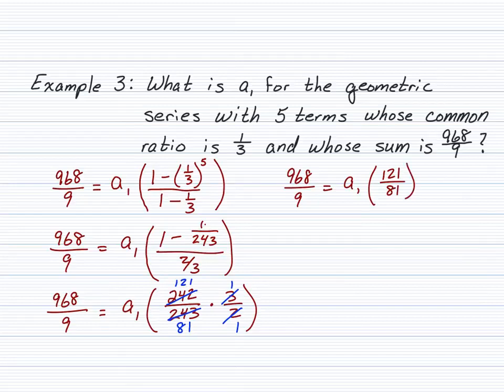And we can multiply by the reciprocal, 81 over 121, to solve this. So multiplying by 81 over 121, that's going to give us a sub 1 is equal to 72 when you reduce everything here. And those cancel and those cancel.